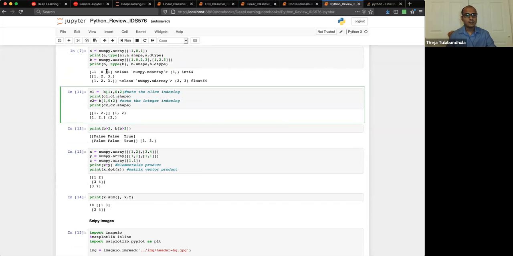The second column exists. So you can see 1, 2, and 3. The 0th column is 1, 1. The first column is 2, 2, and the third column is 3, 3. So basically, what we're trying to do is get 1, 2 here. This would be the first row onwards and up to, and not including, the second column.